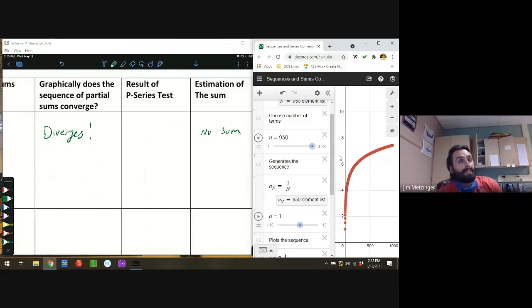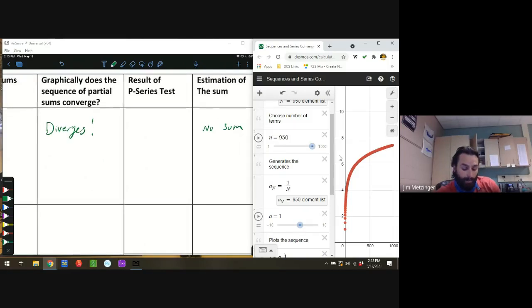All right, the p-series test, which is what we're looking at and trying to learn today. Now, our explicit equation was 1 over n. P-series are when you have 1 over n to the p power. Well, for our problem being 1 over n, p is equal to 1. In order for a series to converge, the exponent has to be greater than 1.